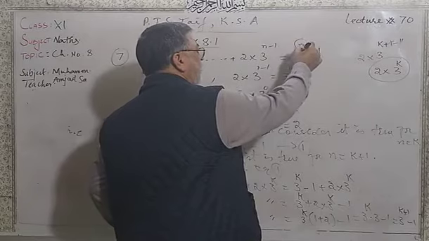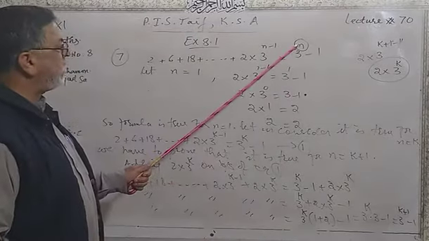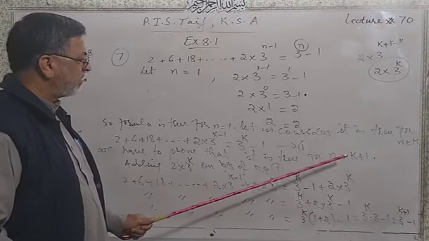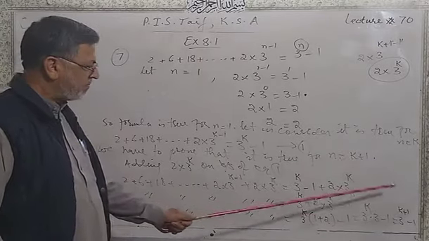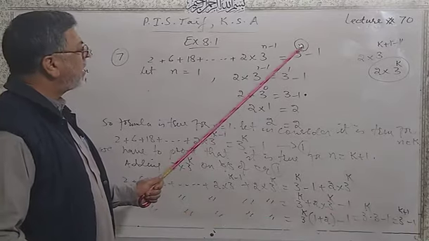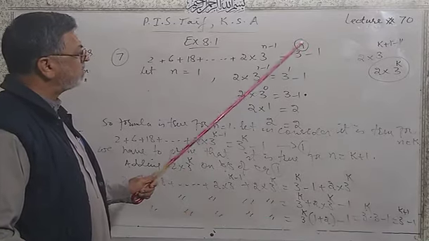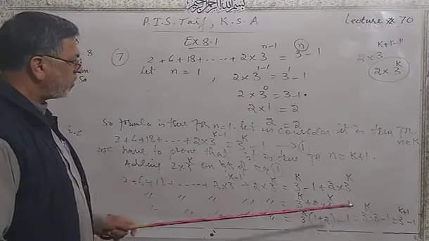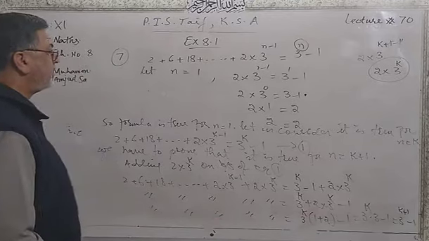Dear students, look at that. This was n and we have k plus 1 in place of n. So right hand side is, according to your right hand side, we have made n is equal to k plus 1. So this is your answer.